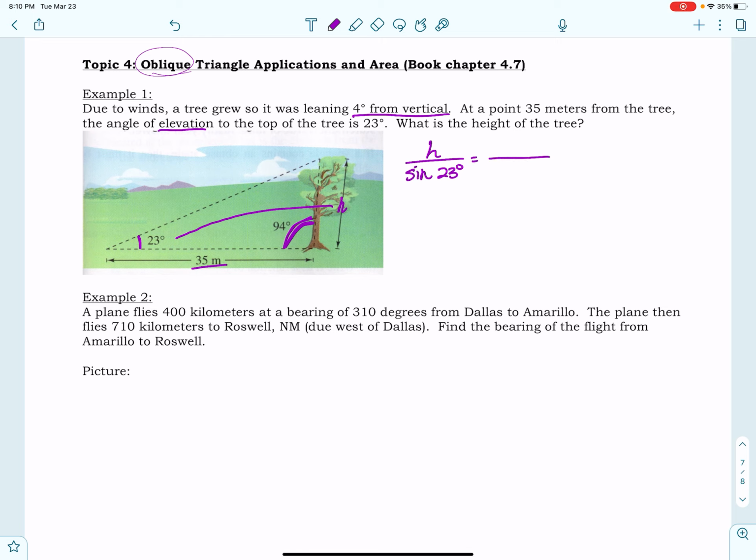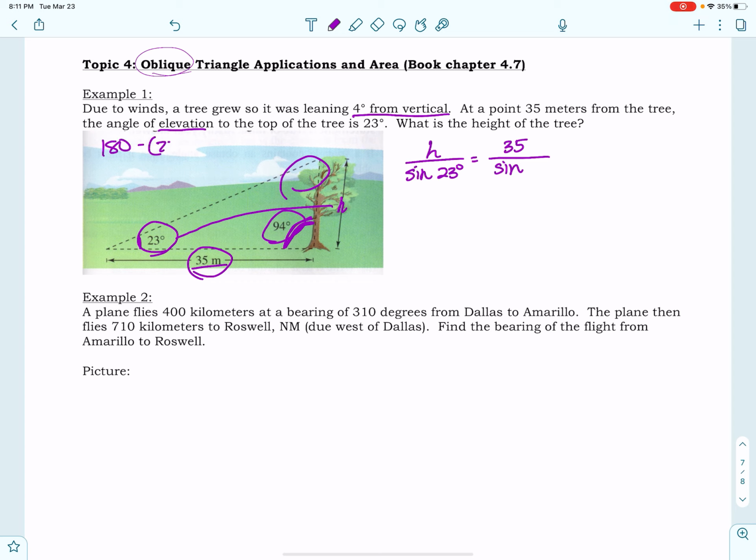And if we had this angle right here, we could use 35 over the sine of that angle. Well, in this triangle, we have 23 degrees and 94. So I can just use the triangle sum theorem, which tells me that all the angles in a triangle add up to 180 degrees.